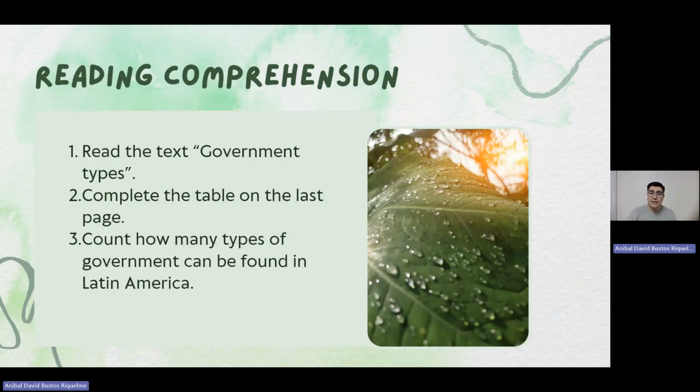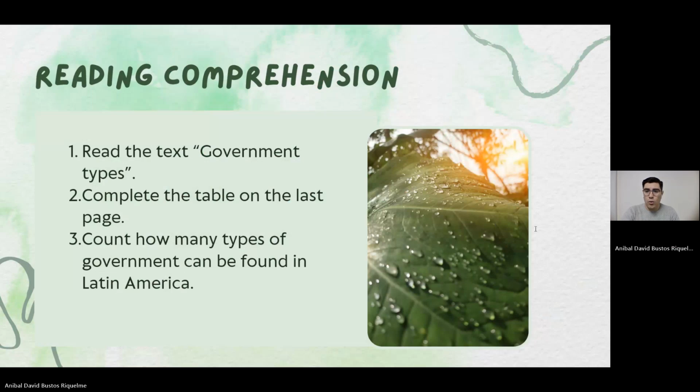The text is attached in the different documents that I am posting for you to read. It is a document obtained from a government webpage from the United States. Then you'll see a table on the last page, and I'm going to ask you to count the different government types that you can find.